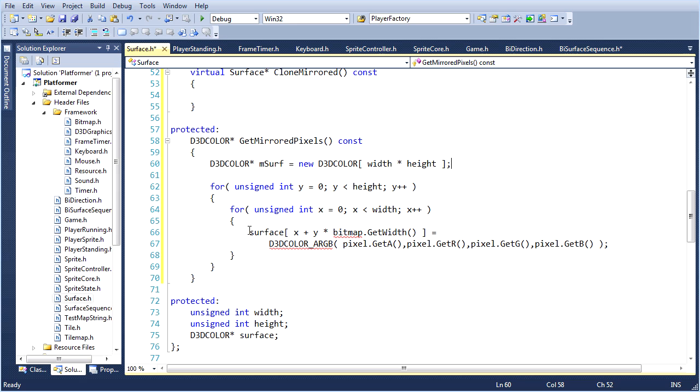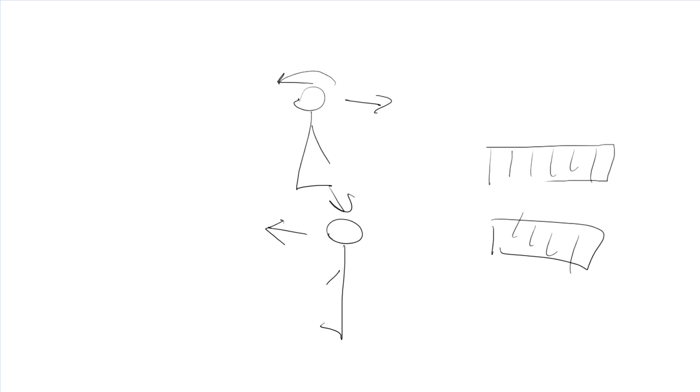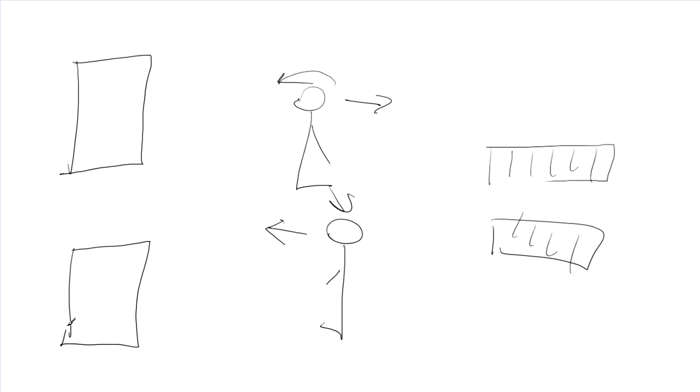Now we loop through this. Let's go back to Photoshop here. So if we've got an image here, this is our source, it's our destination. We're going to loop through it like this, right?